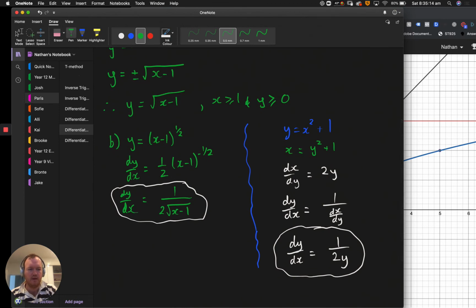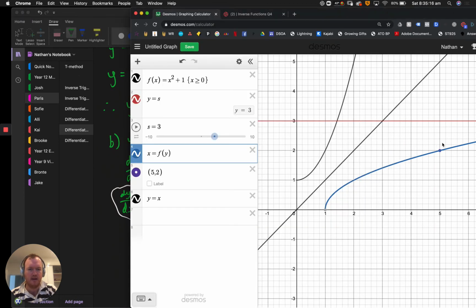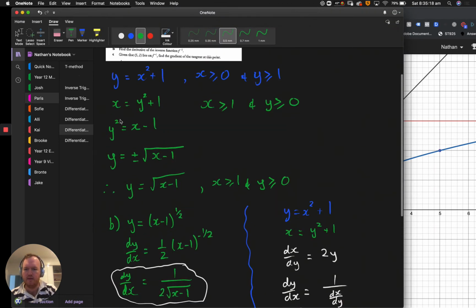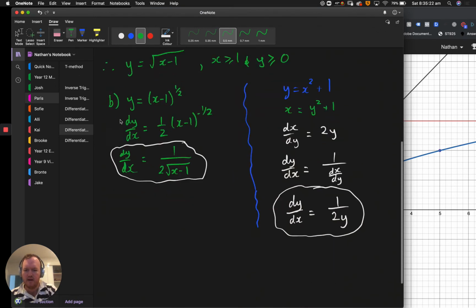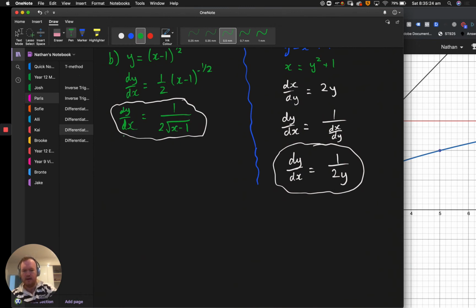So we're looking for the gradient of the tangent out here. Did they ask us to find the equation? No, they're just asking for the gradient. So again, two ways to do part C. For part C, the gradient of the tangent at (5, 2).